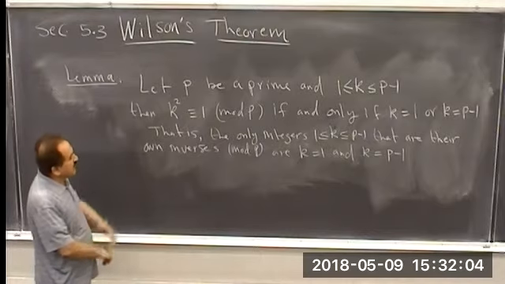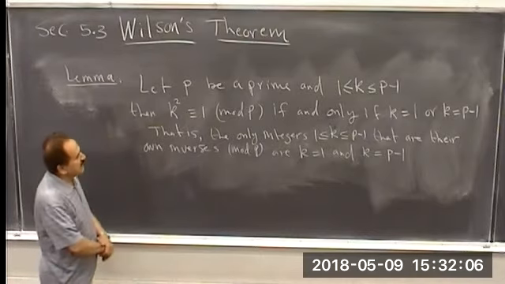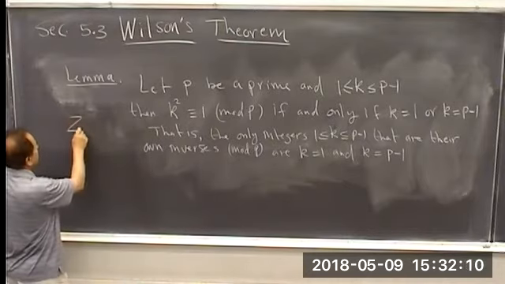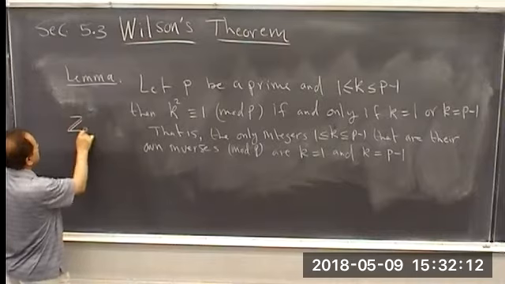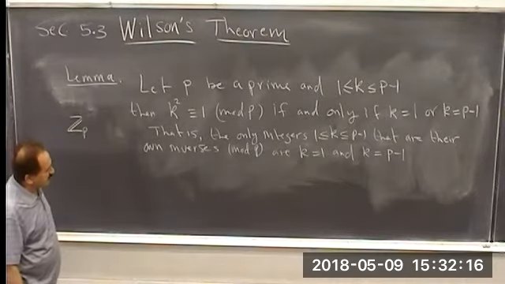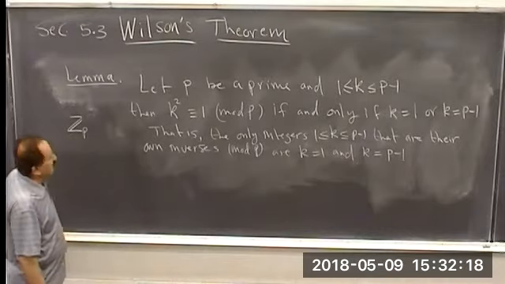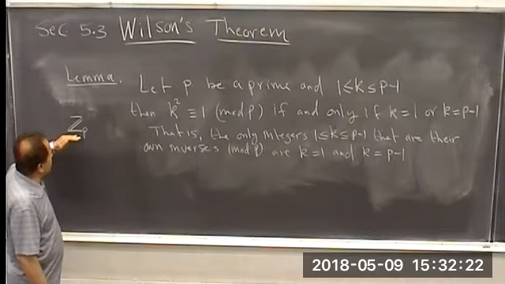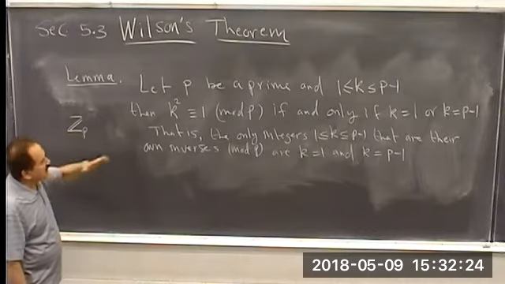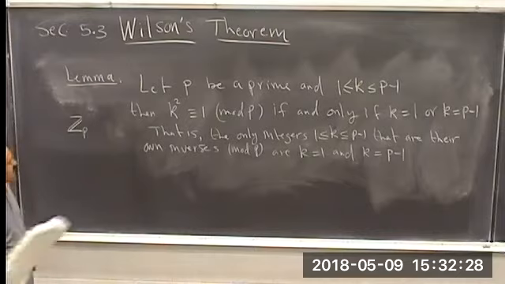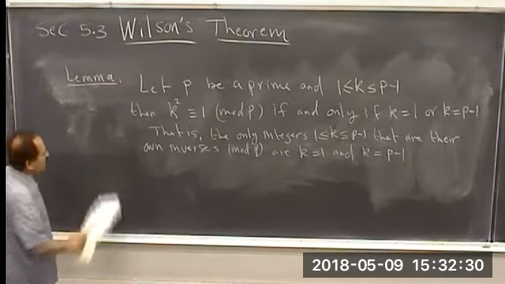This is the identity in the ring of integers mod p. So only two numbers mod p, 1 and p minus 1, are their own inverses. All right, so we're going to go ahead and prove this.